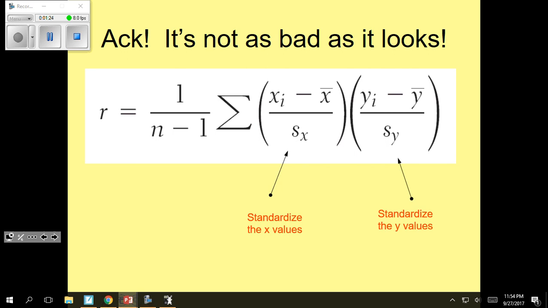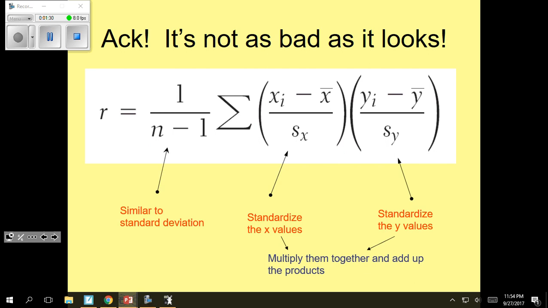That's the standardized value for the y's. You're going to multiply those together and then add them up. And then that n minus 1 business is similar to what we used with standard deviation. That's the degrees of freedom. So after we get that sum, we multiply it by 1 over n minus 1 to obtain correlation, R.